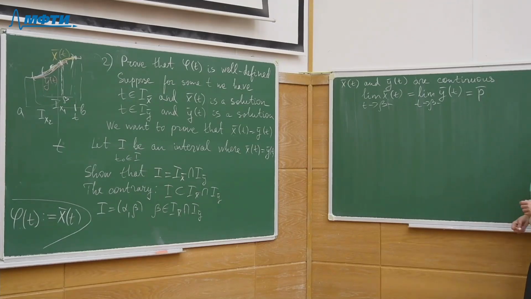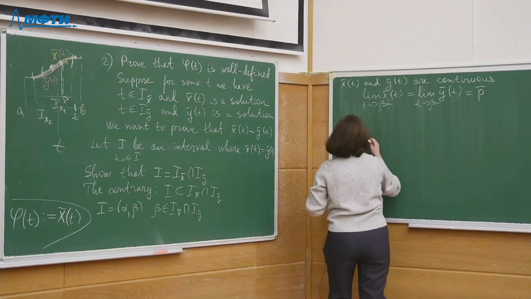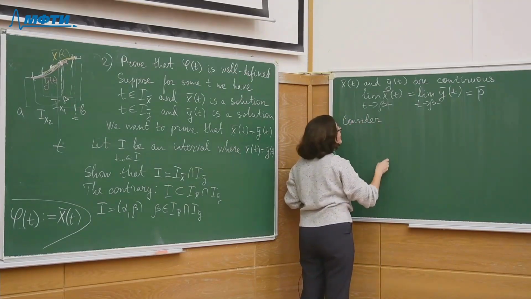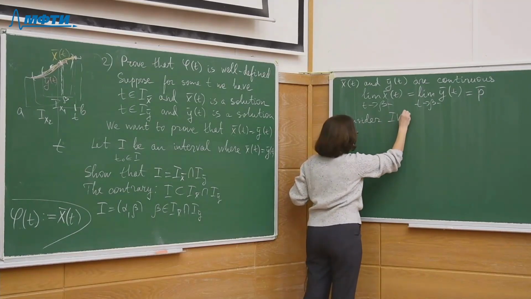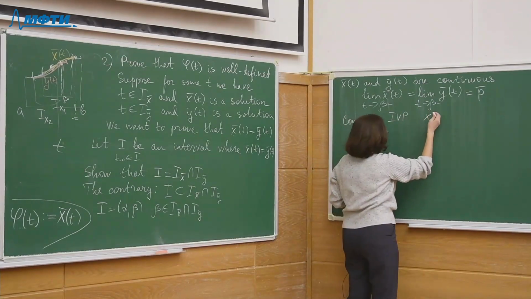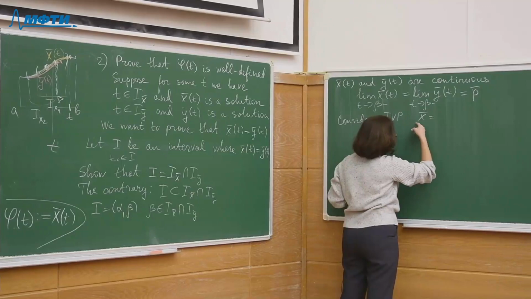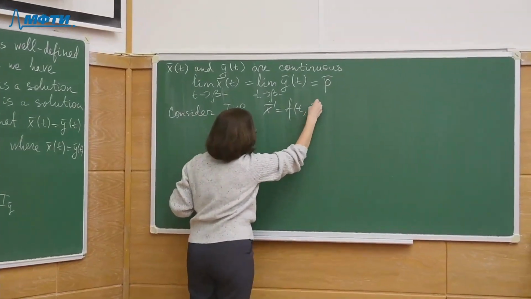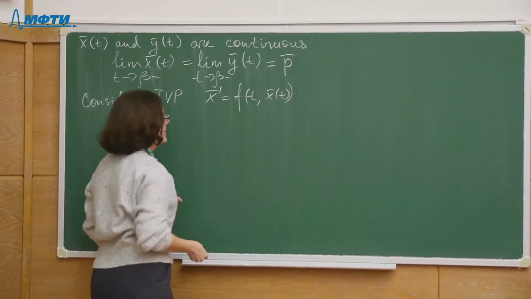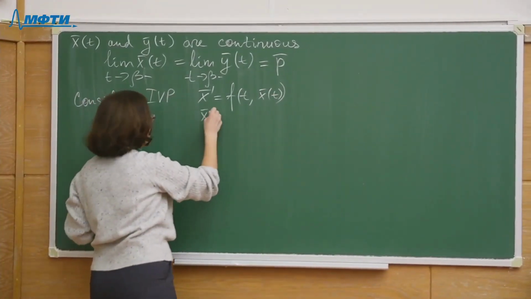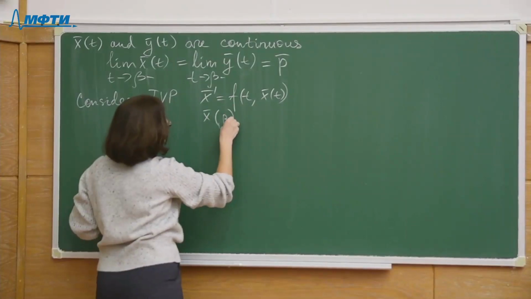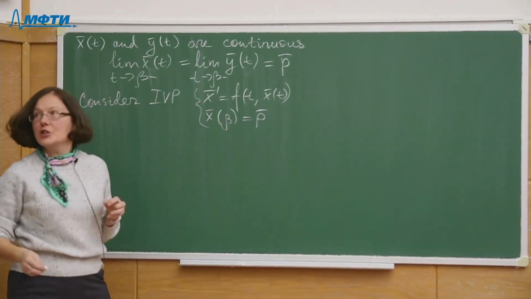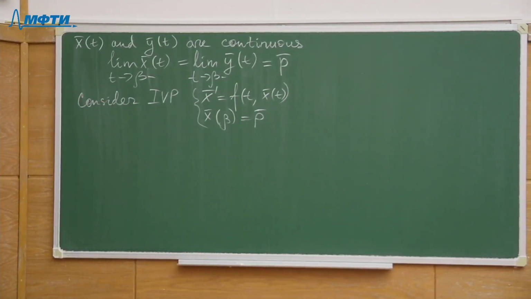Let it be P, and consider an initial value problem, which looks like x prime equals f of t, x, and x of beta equals p. So we will consider the initial value problem with this beta and this point p.